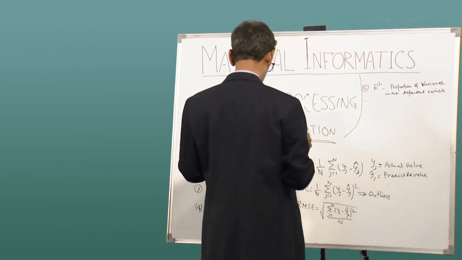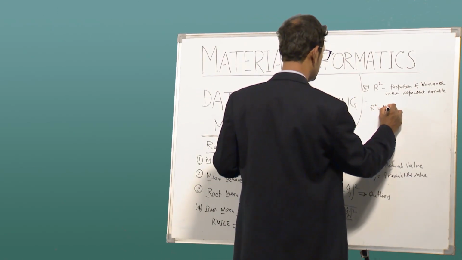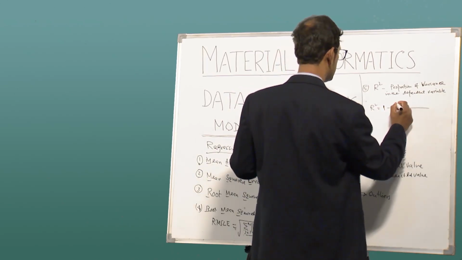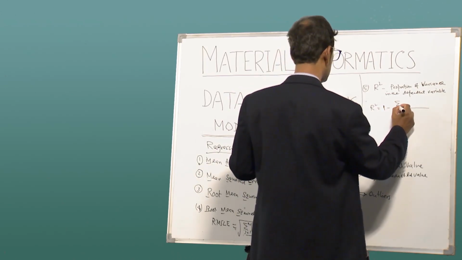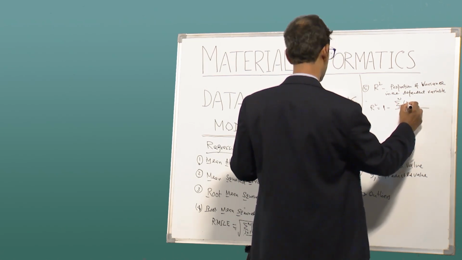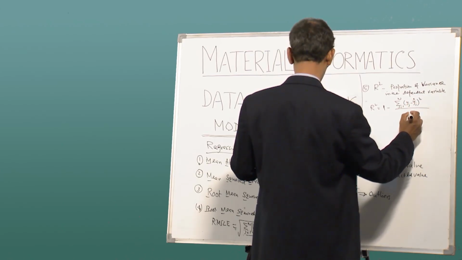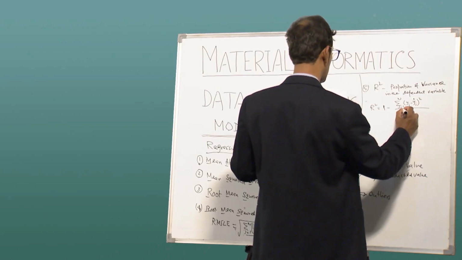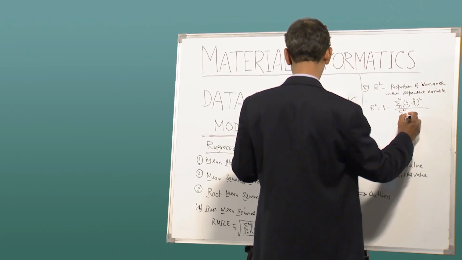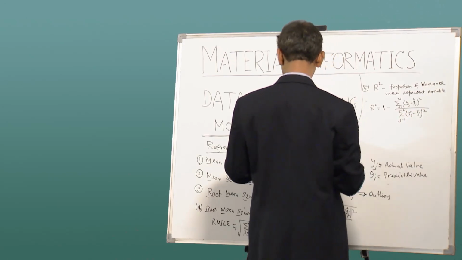So, how do you calculate it? This is nothing but 1 minus two terms: the summation over j from 1 to n of yj minus yj hat, whole square, divided by the summation over j from 1 to n of yj minus y bar, whole square.